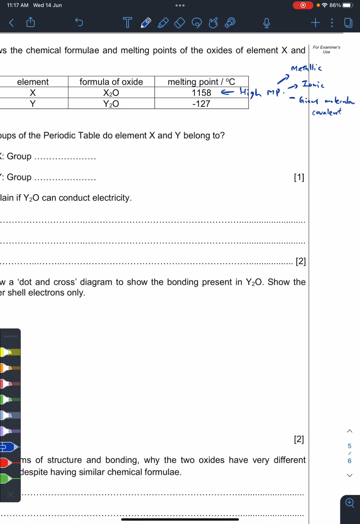Giant molecular, if you remember, is your diamond, graphite. So this is out. Metallic means just a metal, no oxygen. So from this, I know that this is actually ionic.